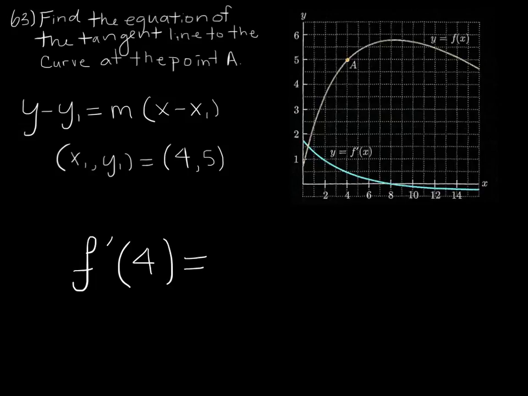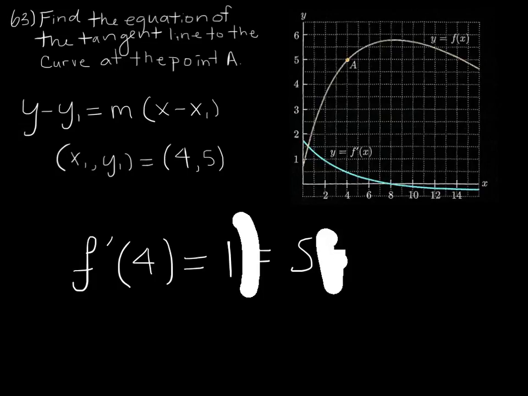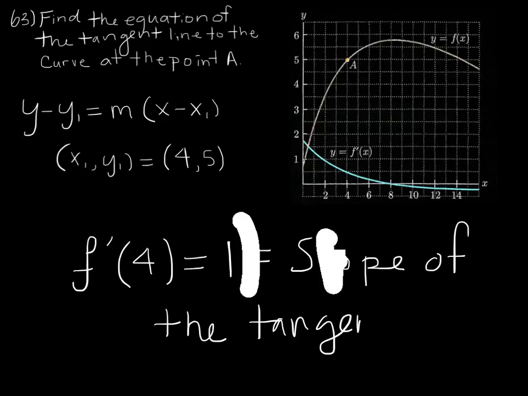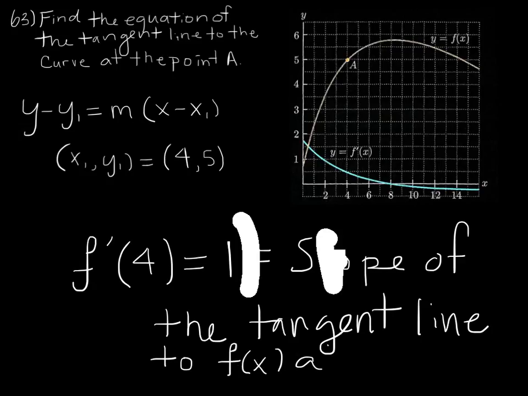So plugging in 4 to f prime of x, we get 1. And this is equal to the slope of the tangent line to f of x at the point (4, 5), which is exactly what we need.